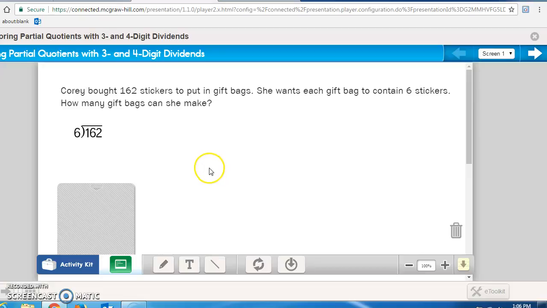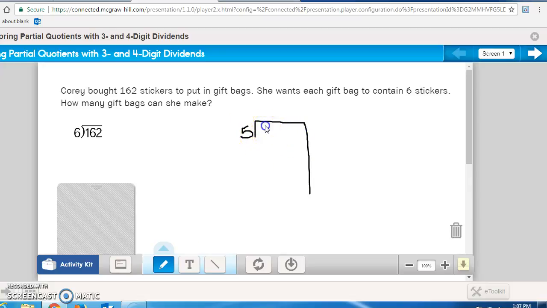We could start off first by estimating. 6 is roughly 5 if we're estimating. And 162, I would probably take down to 150 because I know right away by looking at those numbers that 5 will go into 15 easily. And 150 is close to 162.